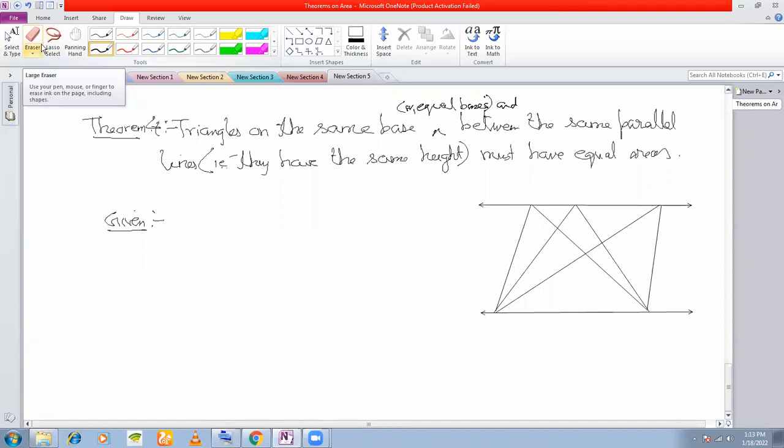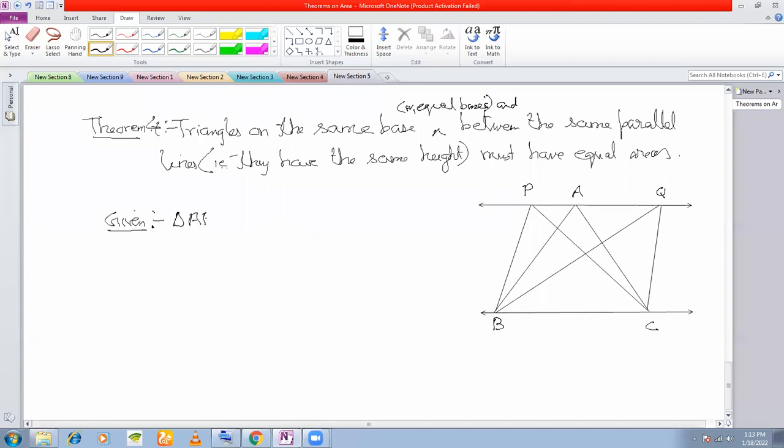Let us first discuss the case where you have the same base. Let us call this triangle ABC, and let's call these two points P and Q. So clearly in this figure, you can see three triangles are there. What are the triangles?